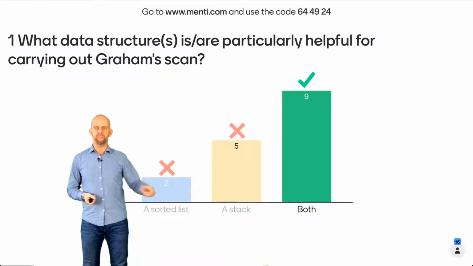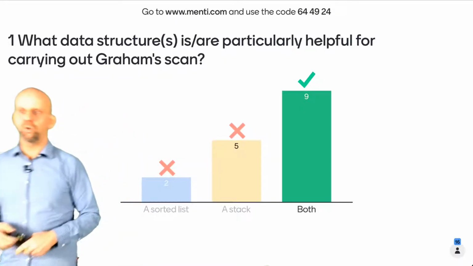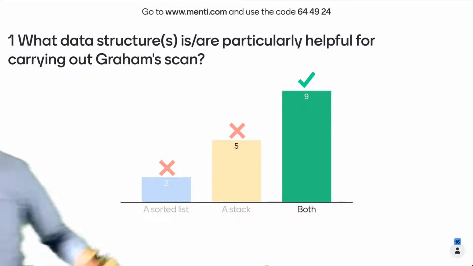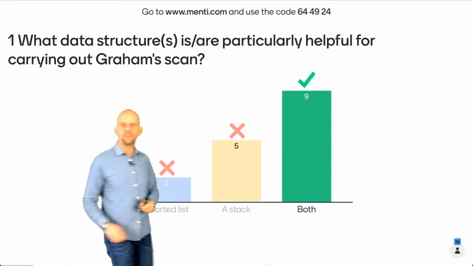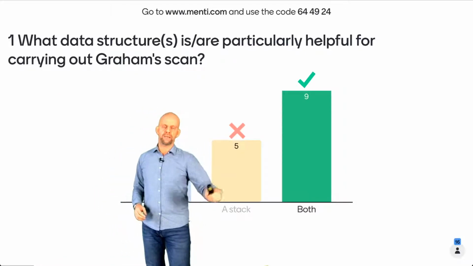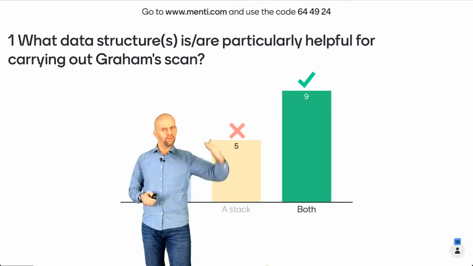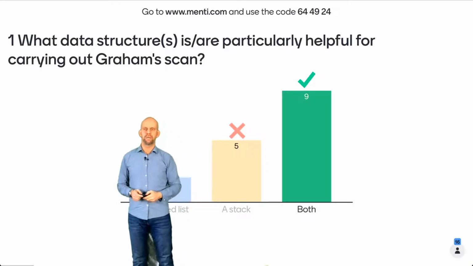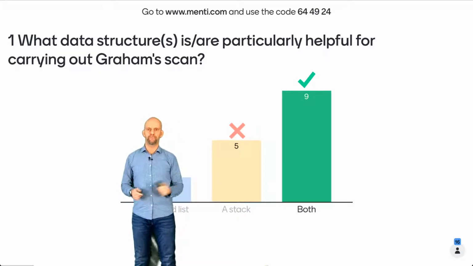That's what you do in the beginning when you do the sorting, the computation by angle. Then the stack, of course, is when you follow along the left-hand turns. You need both of them.